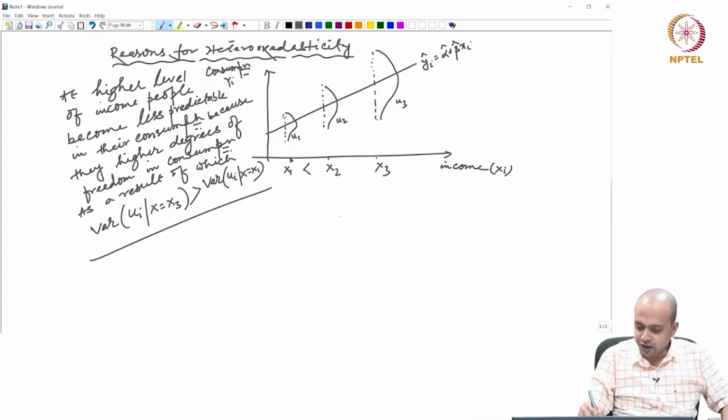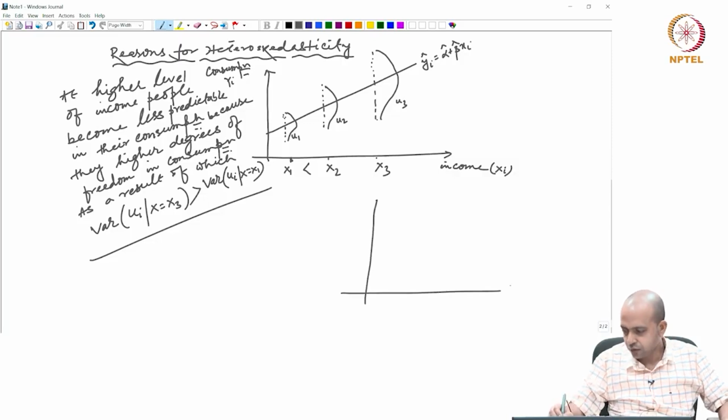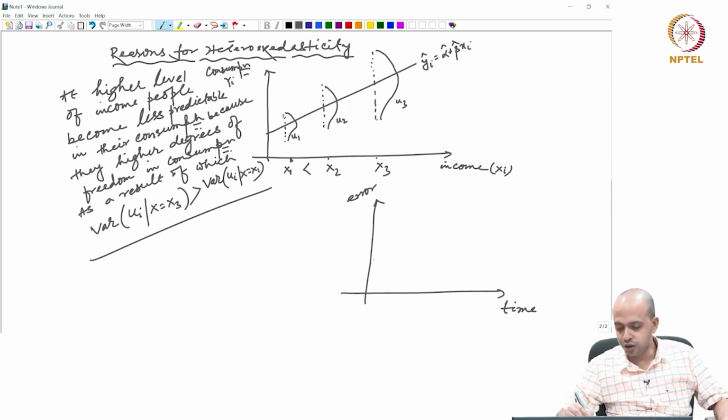Alternatively, I can give another example to explain heteroscedasticity. Let us say on the x axis I am measuring time, and on the y axis I am measuring the error that you may commit in your typing.